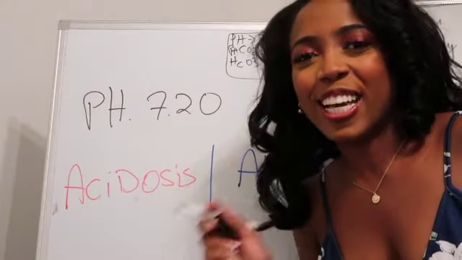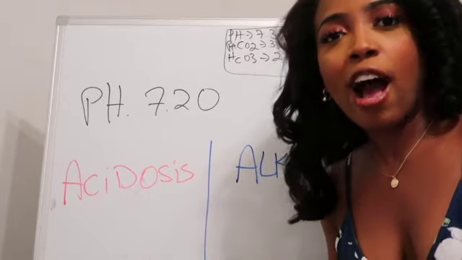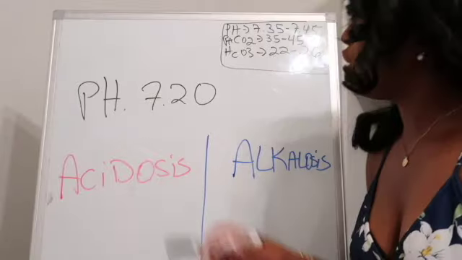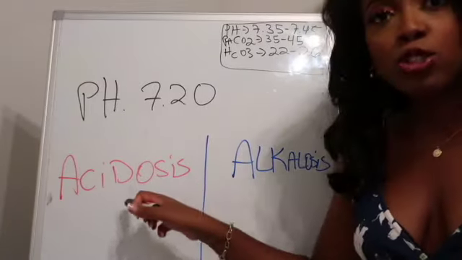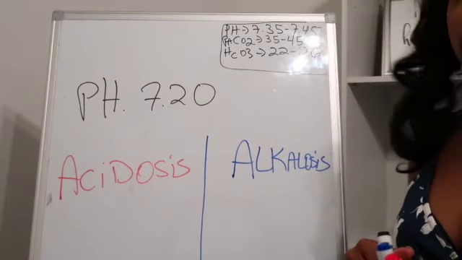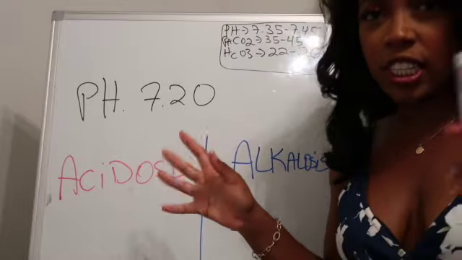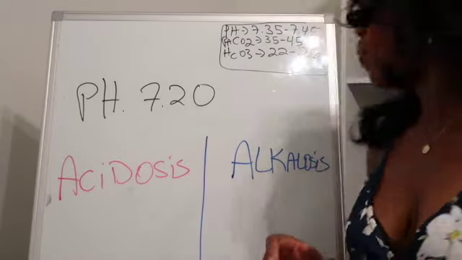All right guys, so we're going to test your knowledge. You are the nurse working at the med-surg unit. The outgoing nurse gives you a report. Your patient has a blood pH of 7.20. Does this patient have acidosis or alkalosis? 7.20. I'm going to give you guys a chance to figure it out. Pause this video.